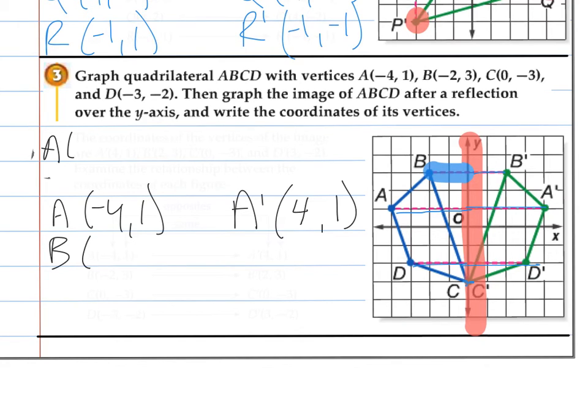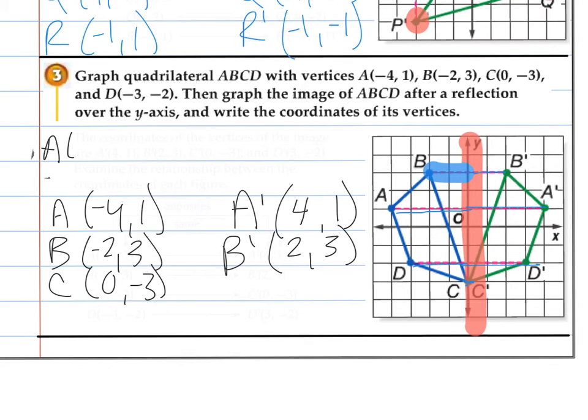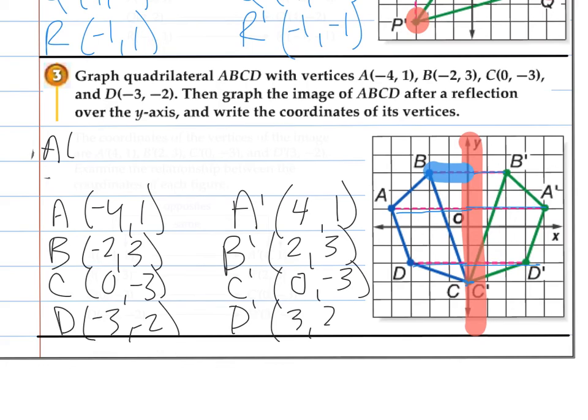B was at -2, 3. B prime is at 2, 3. C was at 0, -3. C prime is still at 0, -3. And D was at -3, -2. And D prime is now at 3, 2.